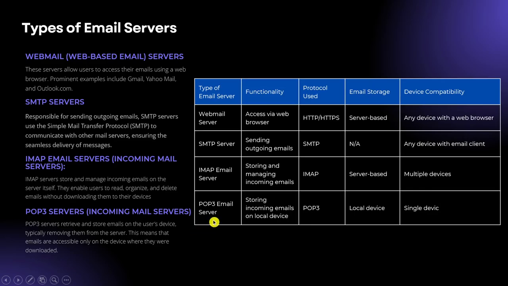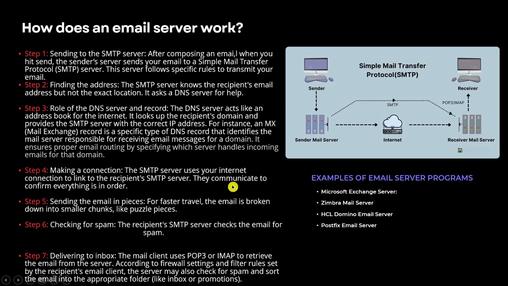Like I said, all these different types of email servers in the modern email server have different features. So how does an email server work? In the last video I also explained how an email server works in a simple way. These are the step-by-step procedures of how an email server generally works.